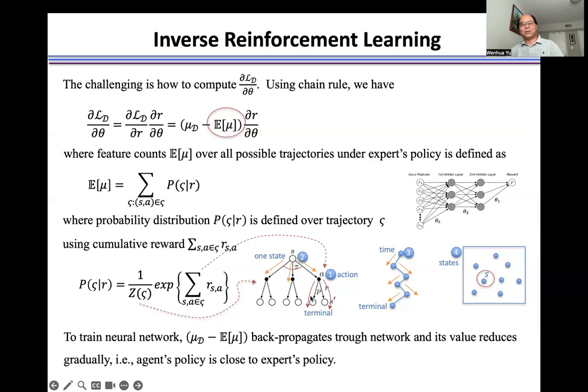That means from this point until the terminal point, we use a backward pass to calculate Z along each possible trajectory. Because at this state, under policy pi, we have many actions, we need to add all of them together.